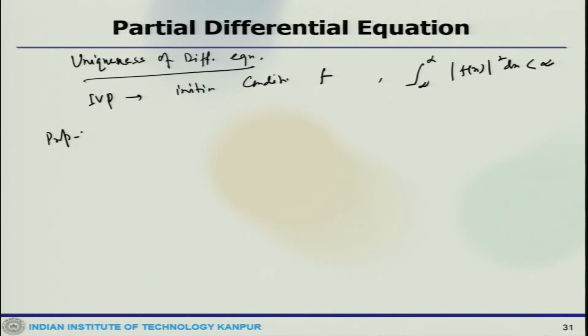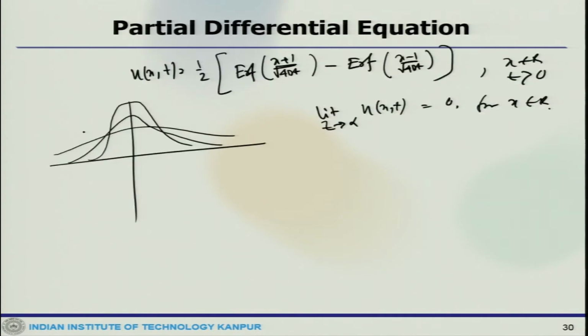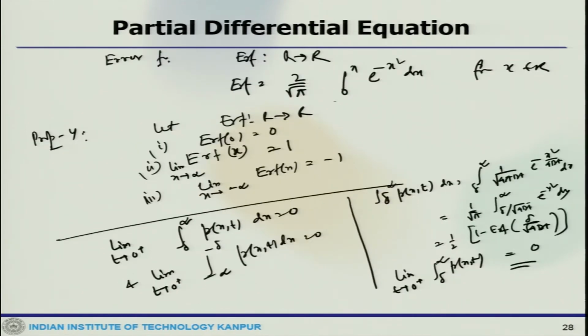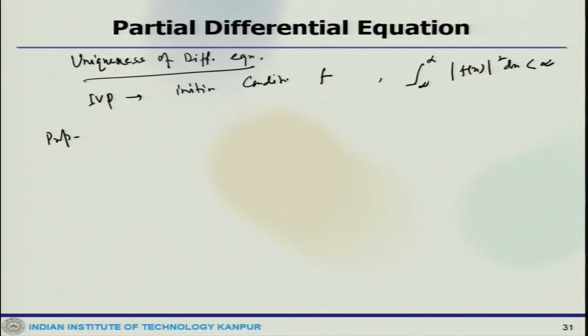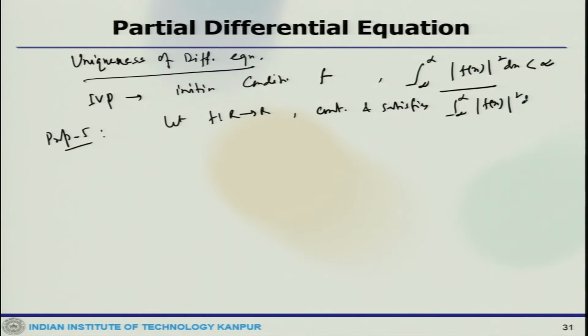So, like propositions, let us say we had 4, now 5: let f be a continuous function satisfying the integral from minus infinity to infinity of f squared dx less than infinity.